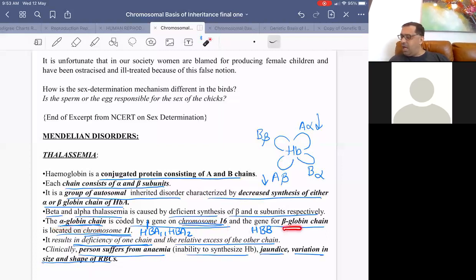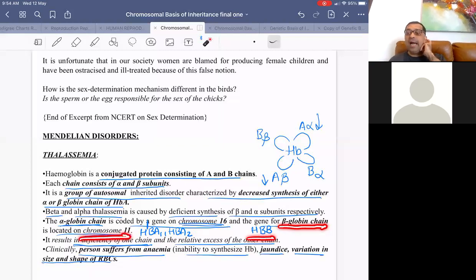And for beta globin chain, alpha globin chain for HBA1, HBA2 on chromosome 16, and HBB gene for beta globin chain on chromosome number 11.